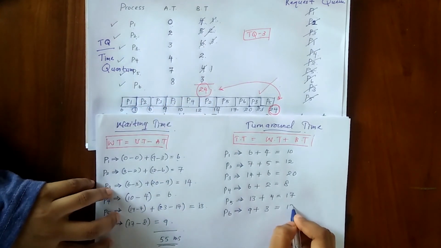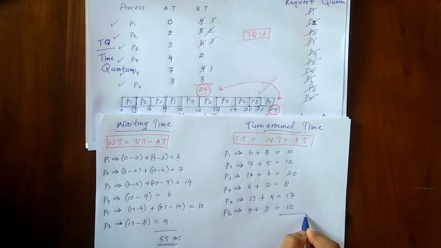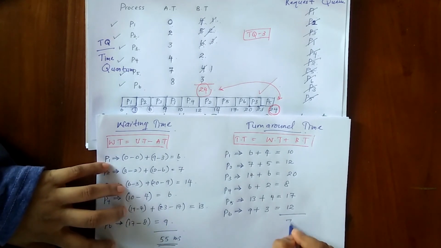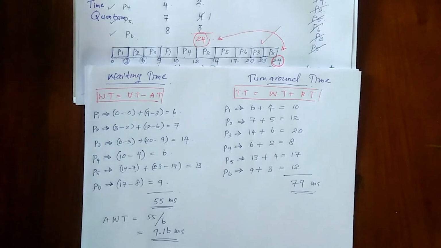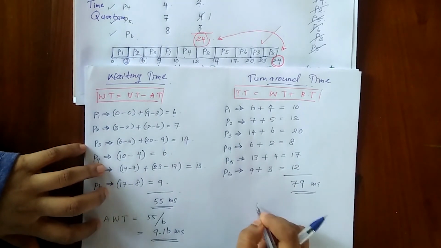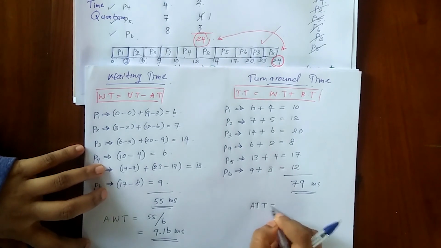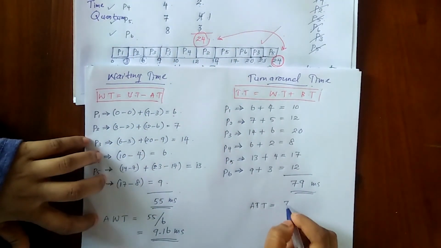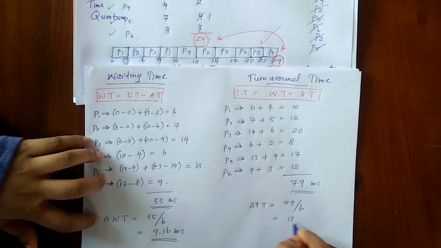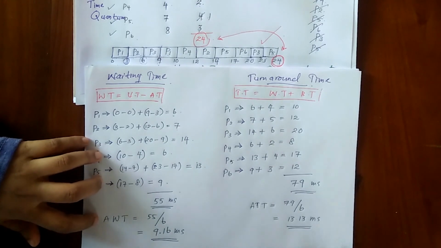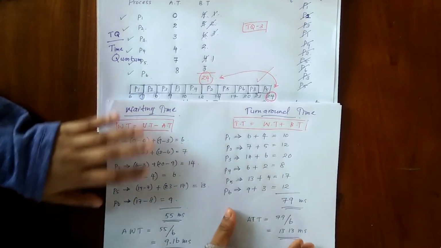Right, so it is 12, and let's get the total turnaround time, which is 79 milliseconds. And then let's get the average turnaround time. Divide this 79 by 6, 13.13 milliseconds, right?